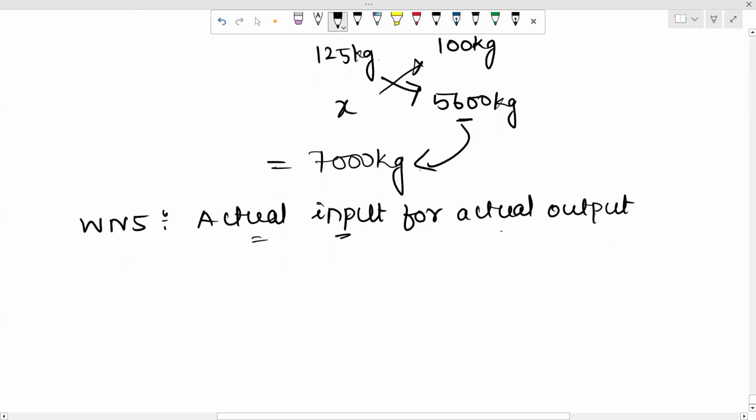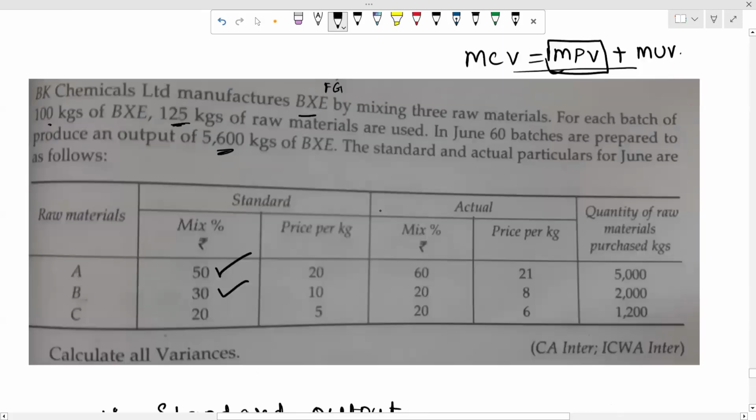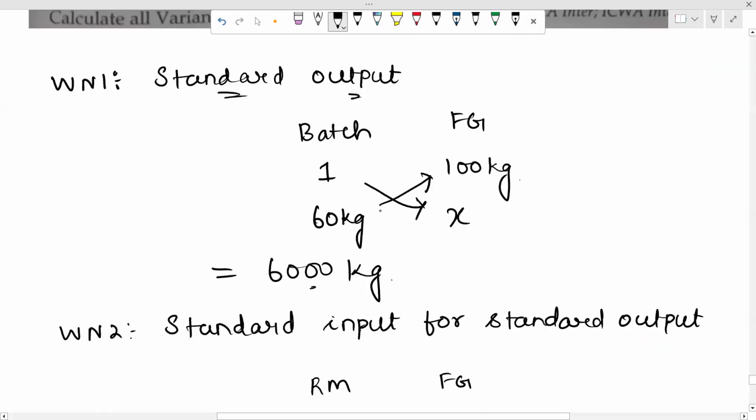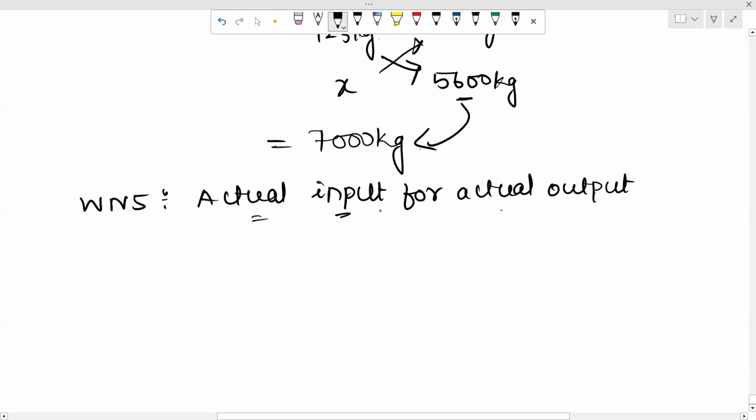So in the question, it is mentioned that for each batch of 100 kg of BXC, 125 kg of raw materials are used, which means for every one batch, we are using 125 kg of raw material.